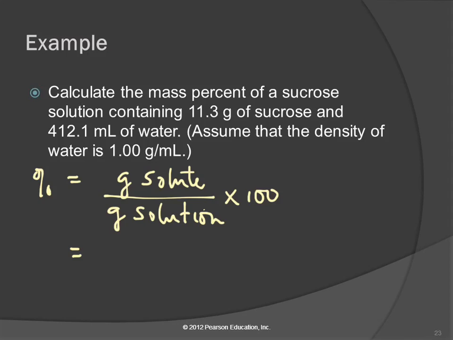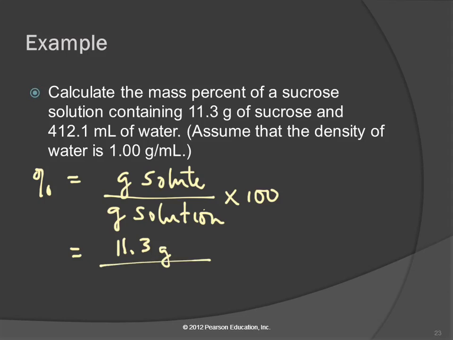There's two things here. There's water and sucrose. Which is the solute? Water's the solvent, so sucrose is the solute. Those two words are really similar. Solute, solvent, solution. So you have to listen carefully. So the grams of solute is 11.3 grams.